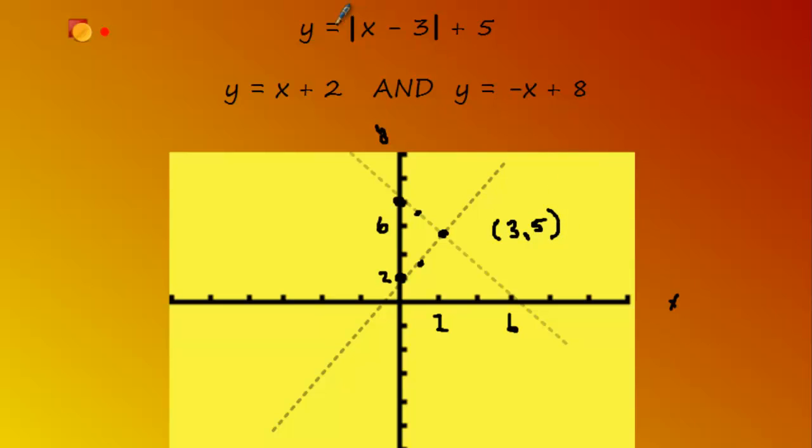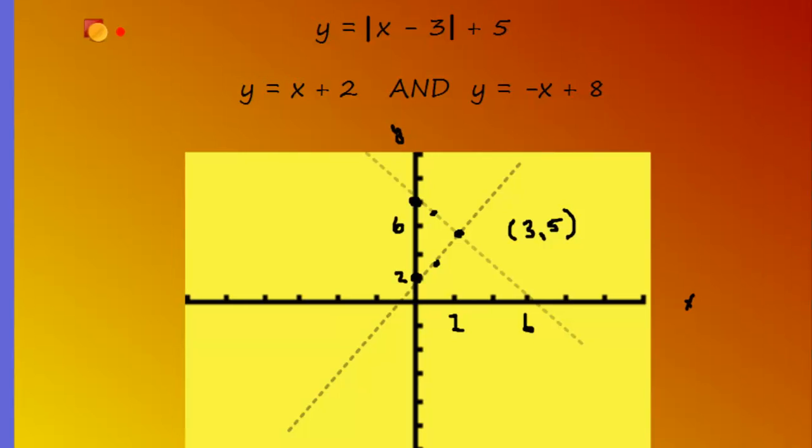Now, because this is positive, this is going to be an absolute value graph that opens up. So I'm only going to use the vertex and the parts that open up. So now for my final graph, I want to use a solid line to actually graph these. So this is going to be my vertex, and I'm going to have my absolute value up this way, and up this way.